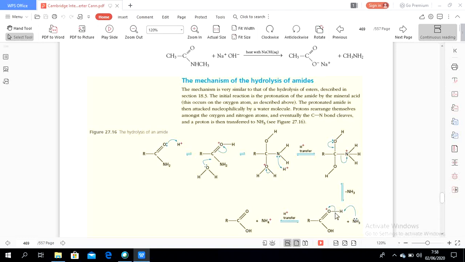Then the electron of the hydrogen is taken by the oxygen to make itself stable, and that makes NH4 positive formed, and then the carboxylic acid is reformed. So these are the intermediate reactions of the hydrolysis of an amide.